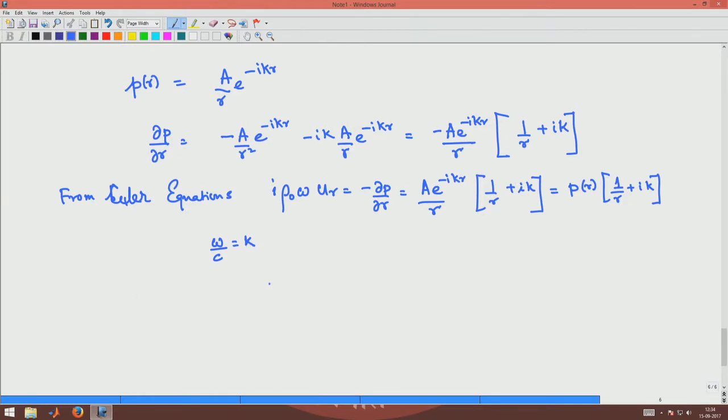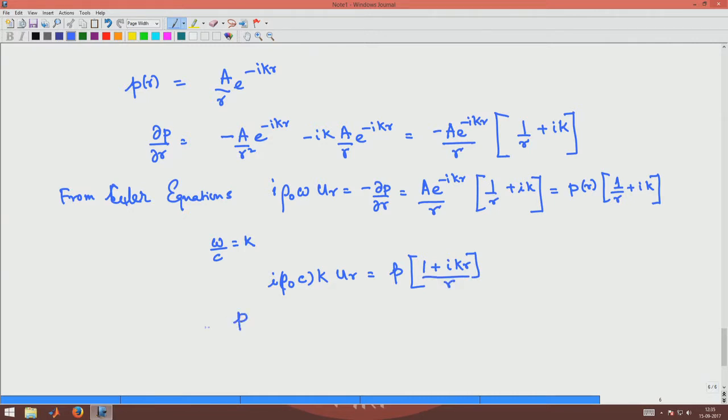So, instead of omega I will write c times k, and u r will equal p into 1 plus i k r by r.